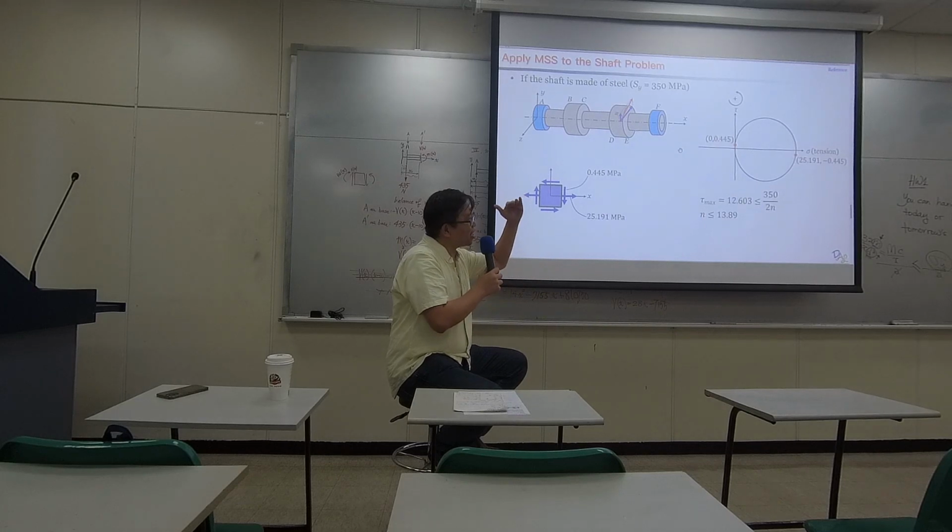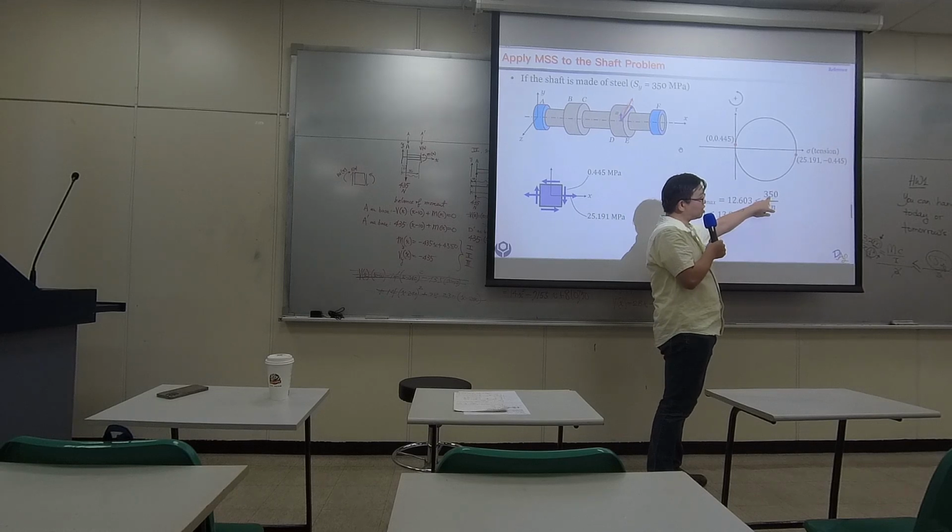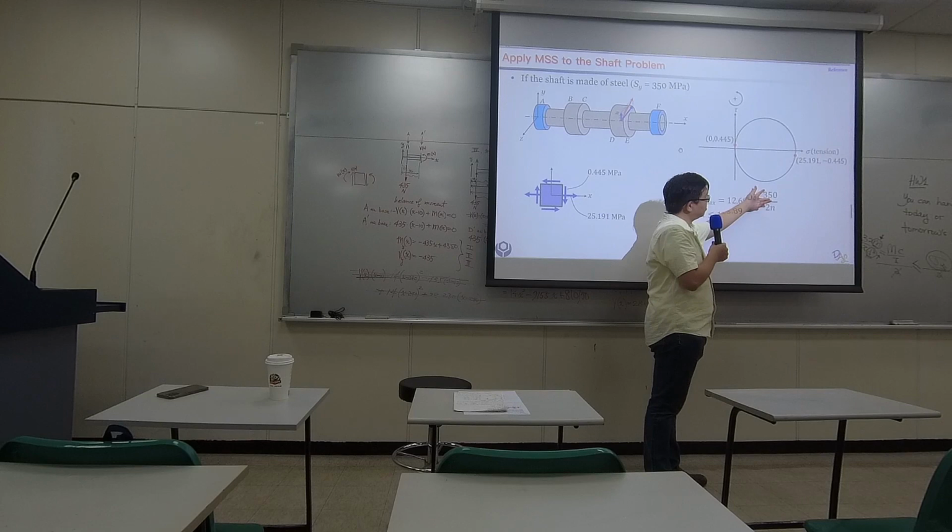It's like levels. So what does it mean? That means my shaft is super safe. It's so far away from yielding. And what can you do to save some money? You can change to a softer material. You can even downgrade the yielding strength to, for example, 200.